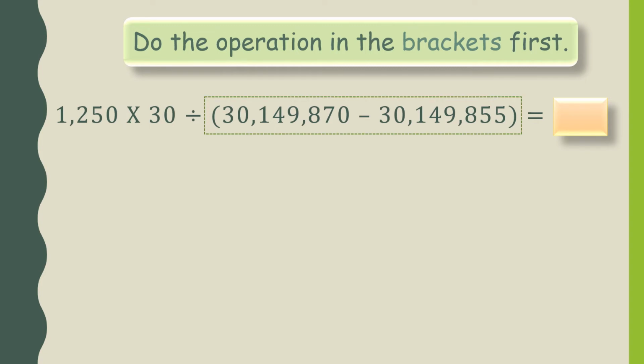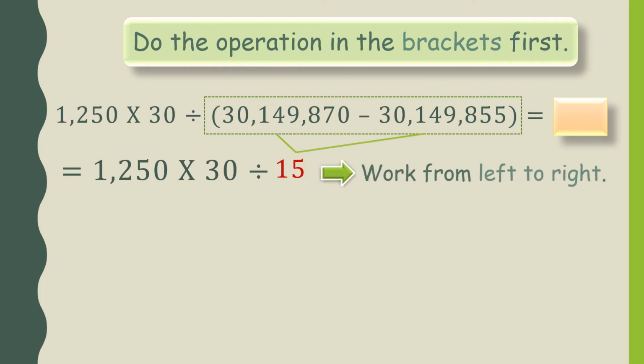So the first equation that we are going to work with is inside the brackets, which is 30,149,870 minus 30,149,855, which is equal to 15.